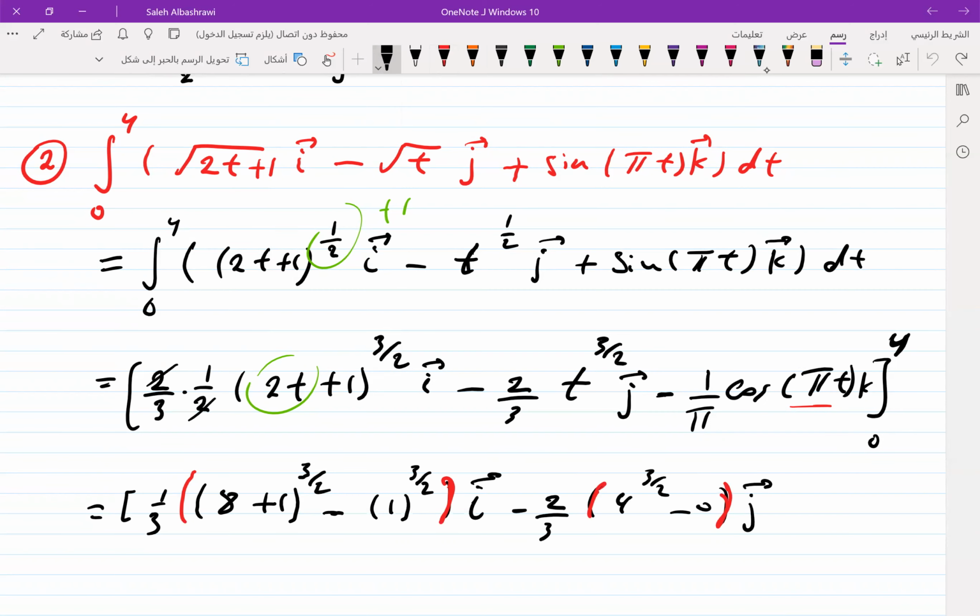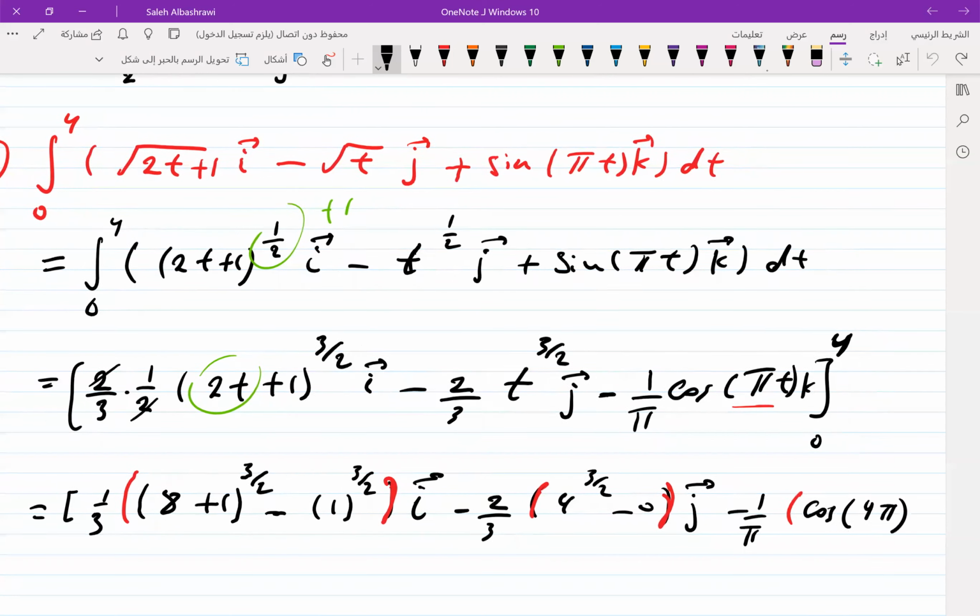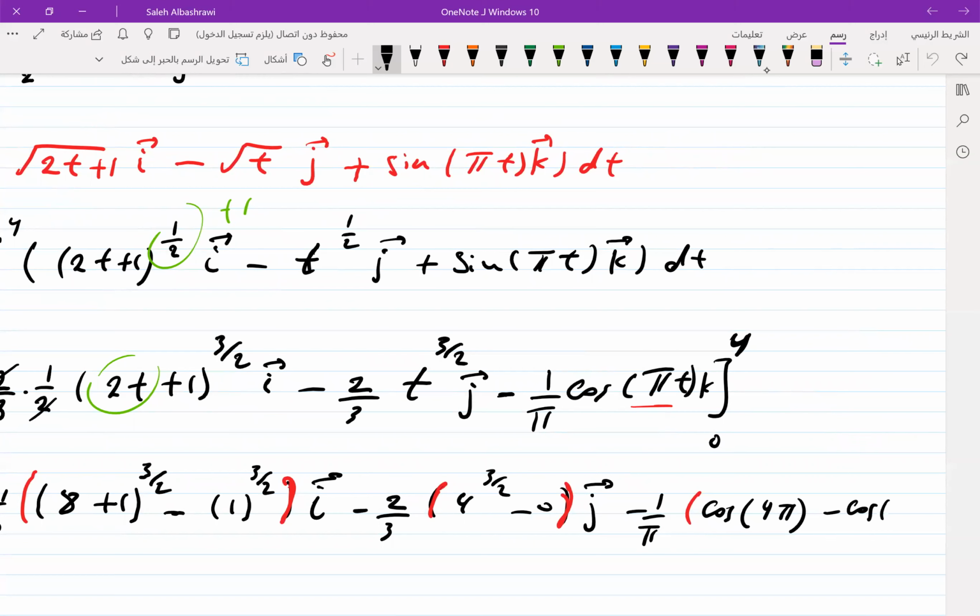Third component: I have minus 1 over pi, replace t by 4, we'll have cosine of 4 pi minus cosine of 0. And this is the third one, k.